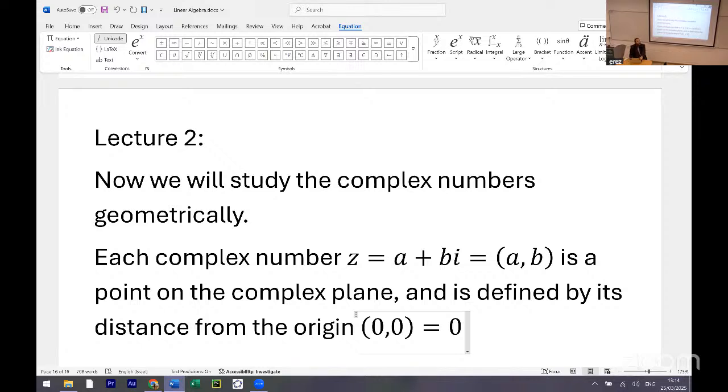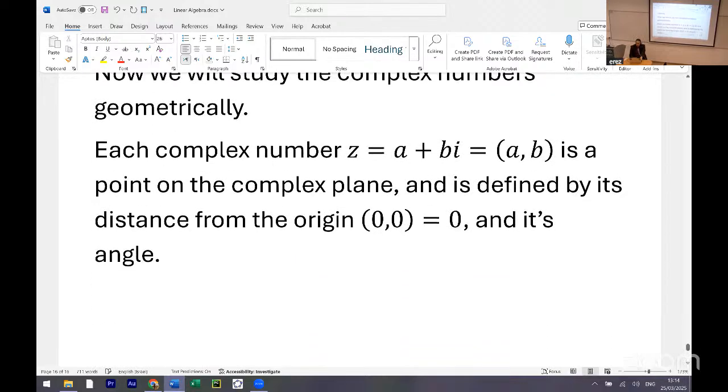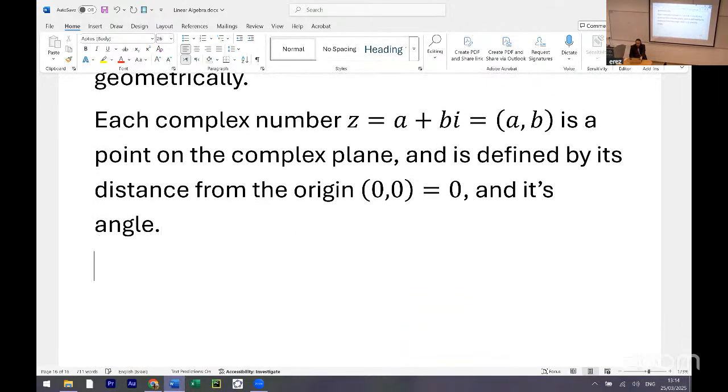And what else? It's not enough to know the distance. What else? And its angle. So that would be the geometric notation.